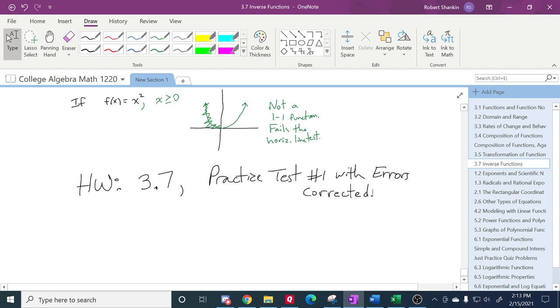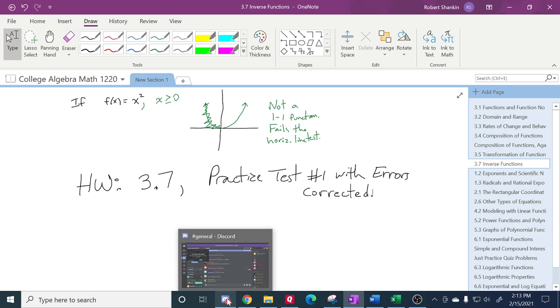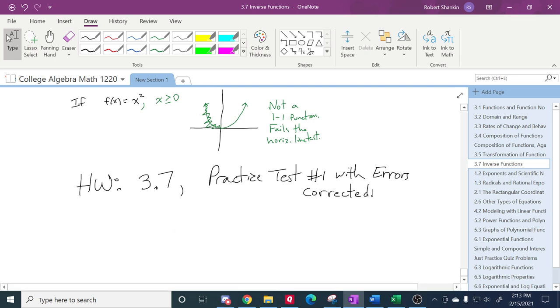And during the exam, what I want you all to do on Wednesday is come to the Discord class. We won't be connected via Discord during the exam. I won't be doing a screen share, but have the Discord going during the exam.